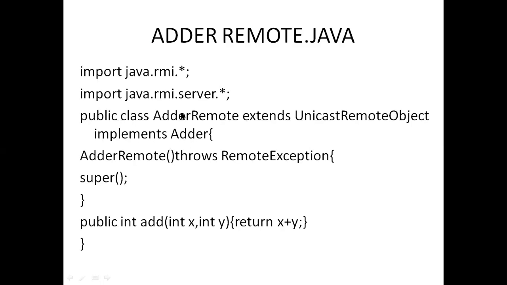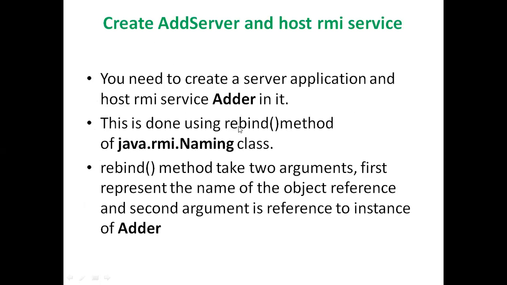The interface that we created in the last slide. That Adder interface we are trying to implement here. How am I implementing that? Return x plus y. I am adding these two and returning, right? So the implementation of the Adder interface is done here in AdderRemote.java.